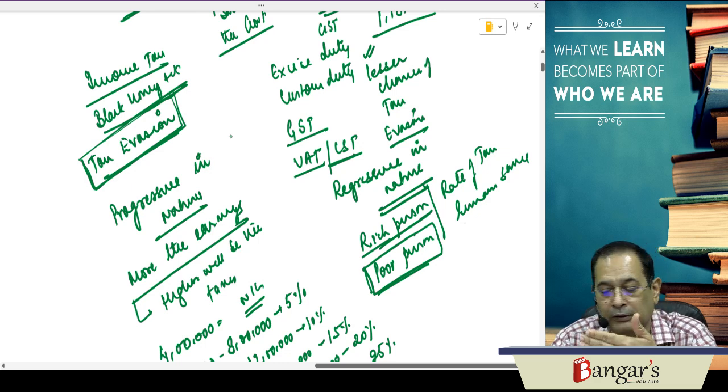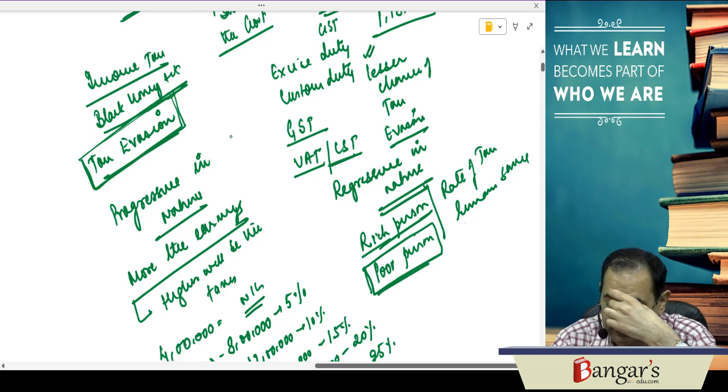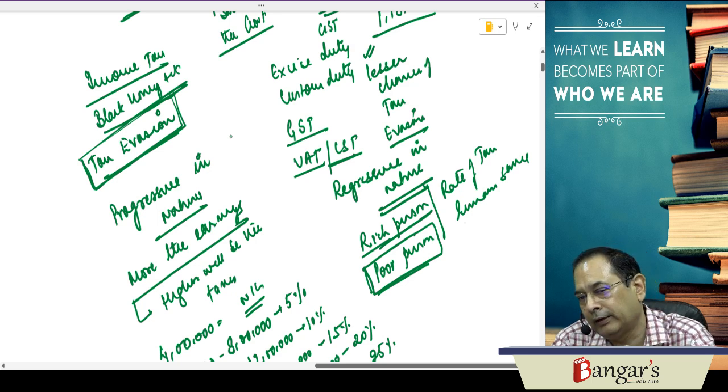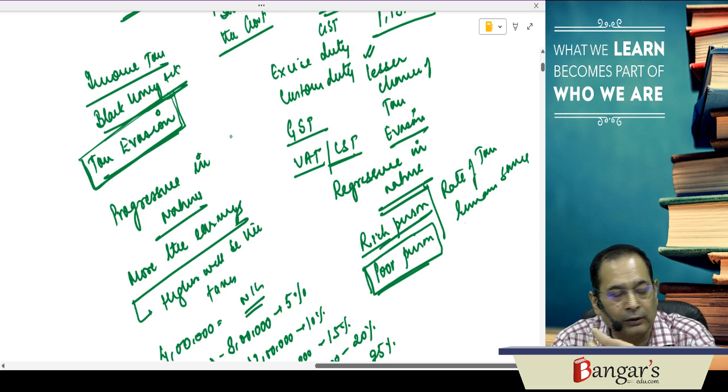Say if he is earning 100 rupees and he is consuming, and the rate is 10%, so out of 100 he is required to pay tax of 10. A person who is earning 10,000 rupees and is also consuming the same thing, the same amount, then his tax liability is also 10.